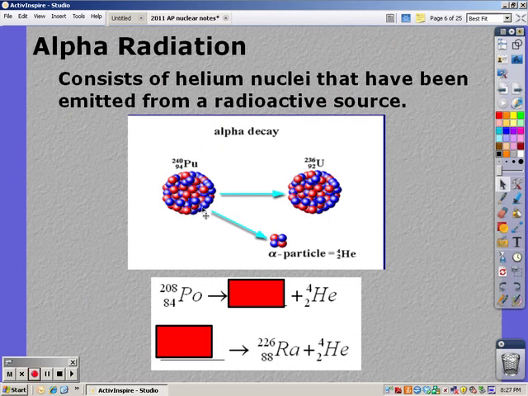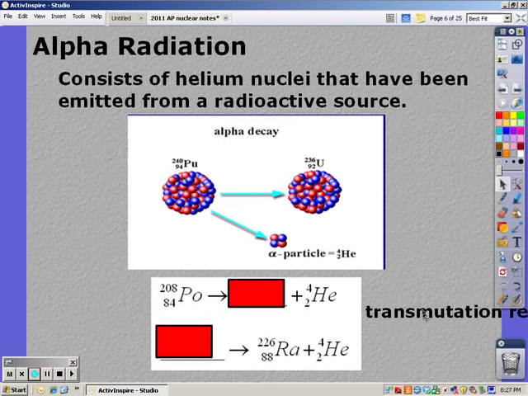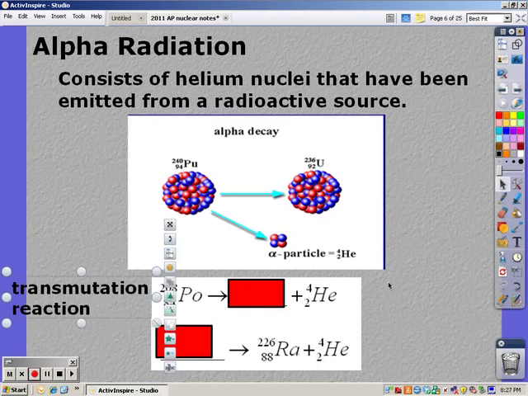So alpha radiation consists of helium nuclei that have been emitted from a radioactive source. The types of equations at the bottom are transmutation equations, because it's converting one type of atom to another.